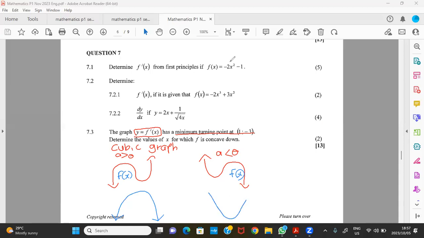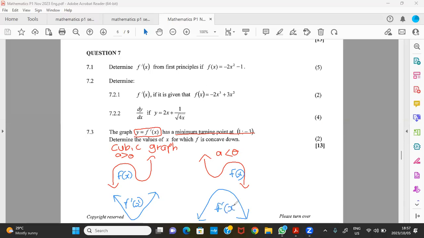Actually no, let me swap them. It will either be facing this way, a smiley face, or a frowning face. So now these are my f prime x.